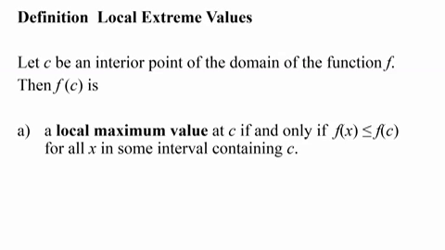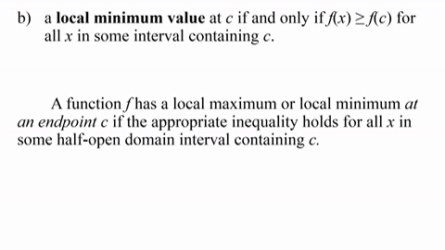Then f of c is a local maximum value at c if and only if f of x is less than or equal to f of c for all x in some interval containing c. Or (b) a local minimum value at c if and only if f of x is greater than or equal to f of c for all x in some interval containing c.